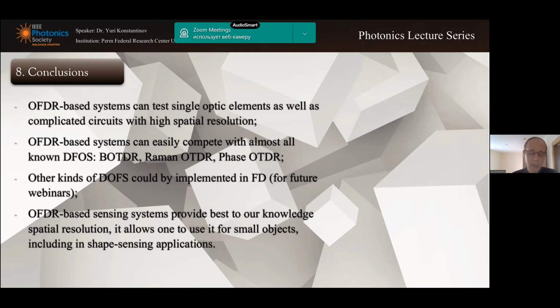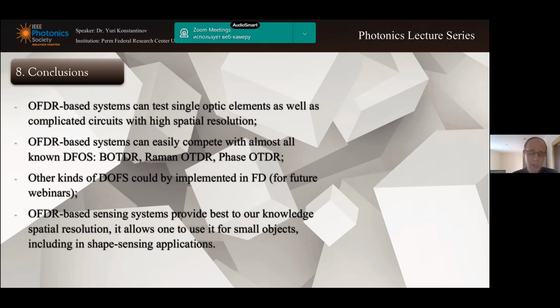But it's science fiction at present. So other kinds of distributed optical fiber sensors could be implemented in the frequency domain. I mentioned this about BOTDA, BOTDR, and maybe if we meet again, we could discuss it in future webinars.